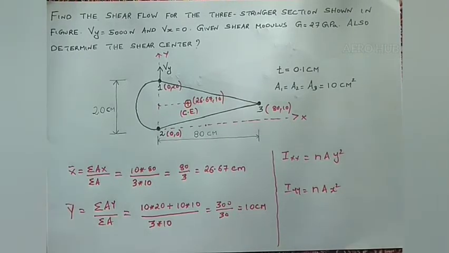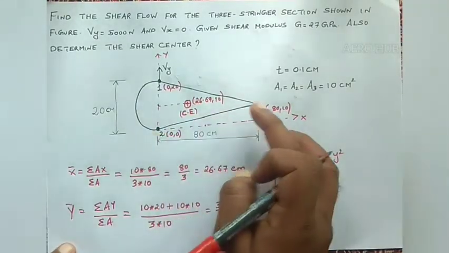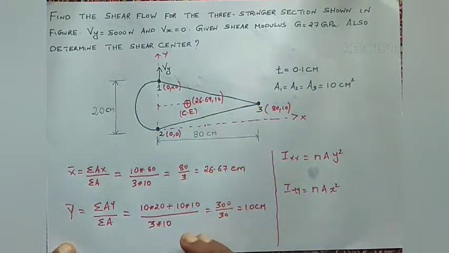Here the values of x and y depend upon the centroidal axis. Now we have to draw the centroidal axis, then find out the coordinates of boom areas 1, 2 and 3 with respect to the centroidal axis.